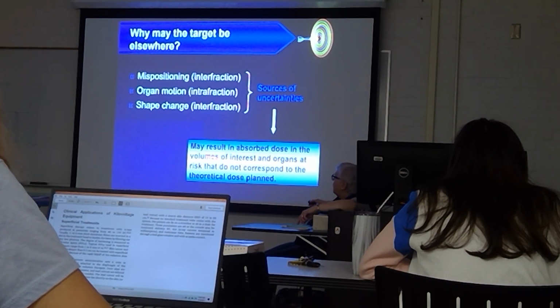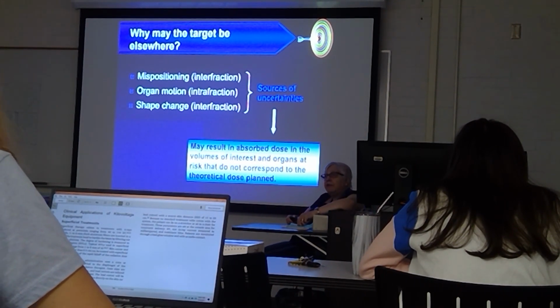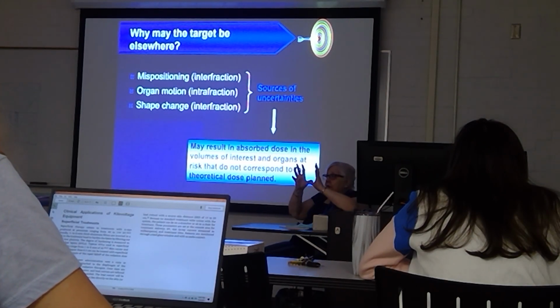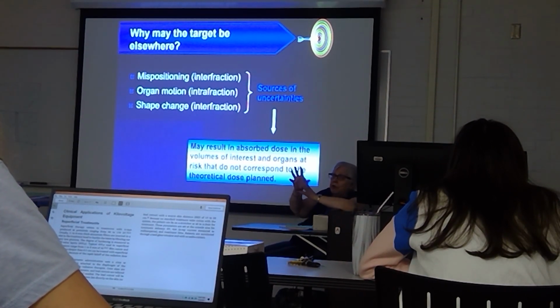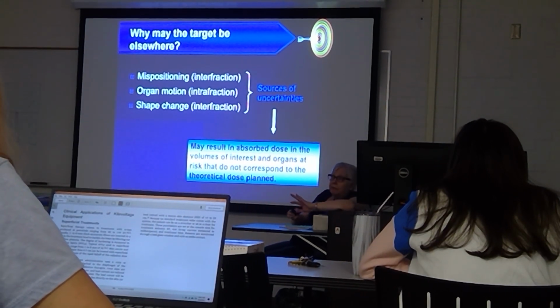However, the doses may be slightly different. Maybe the bladder gets 5,000 because you haven't accounted for the shift in where the prostate is, because if the prostate moves, everything else will move too.